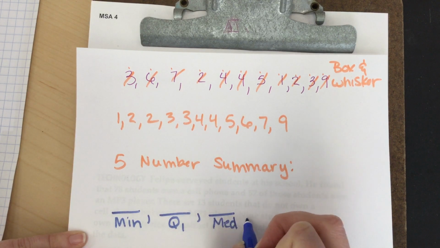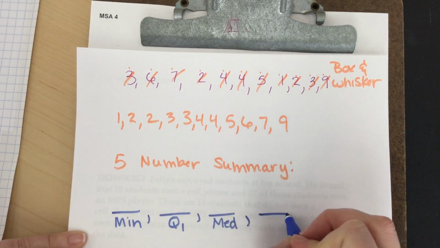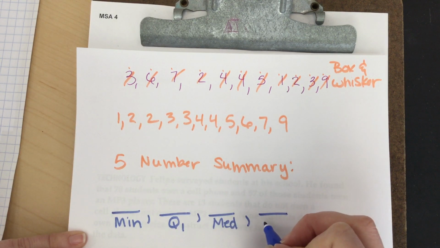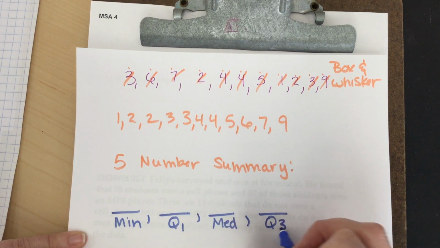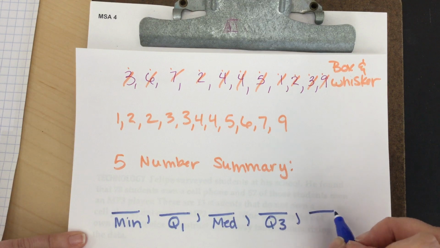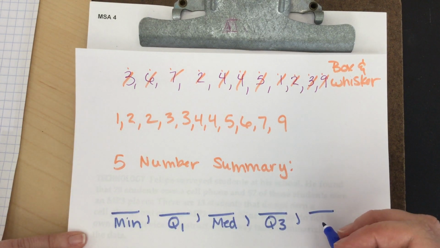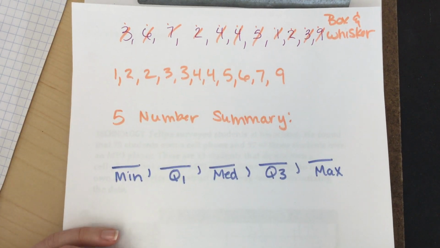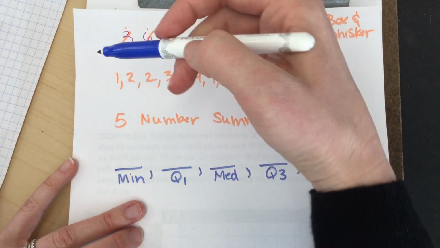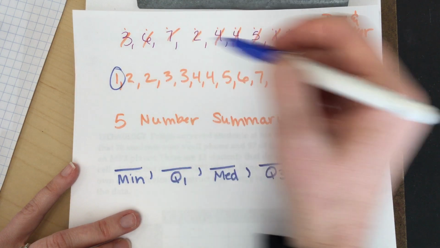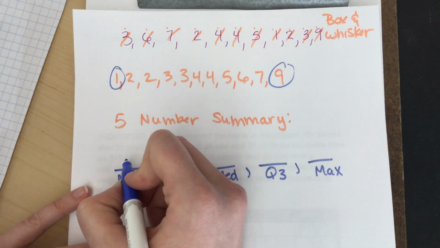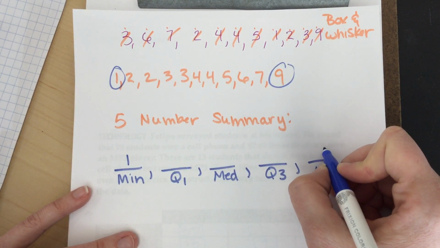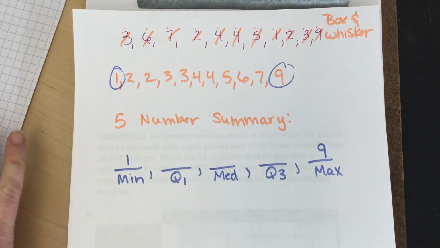We have our median, sometimes called Q2, because it's the halfway point of all the data. We've got Q3, quartile 3, the halfway point of the second half of the data, and we have our maximum. Once these numbers are in order from least to greatest, it's very easy to identify our minimum and our maximum. In this case, our minimum is 1 and our maximum is 9.